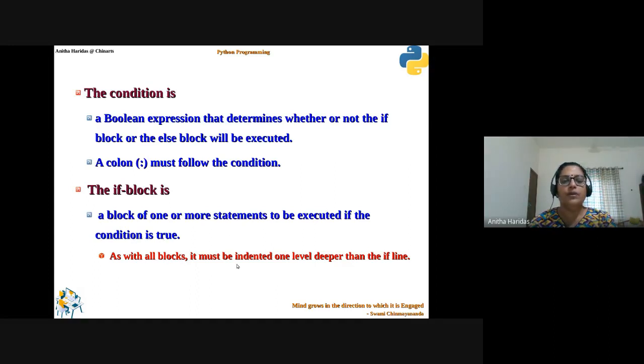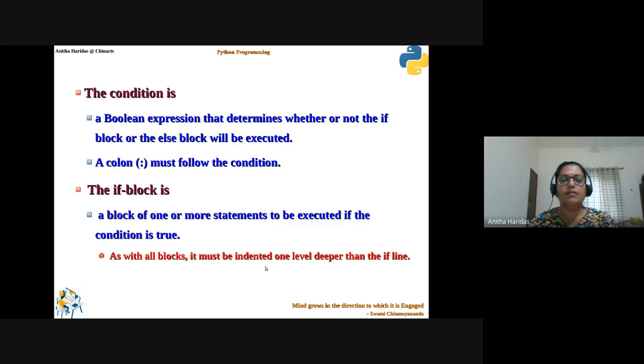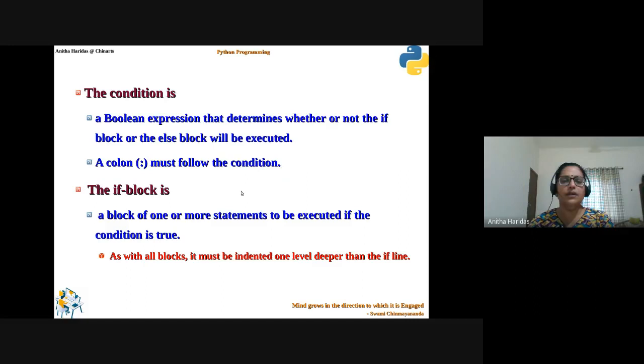As with all blocks, it must be indented one level deeper than the if line, right? So that is what I told you, you need proper indentation here. So give one level deeper than the if line. Whatever you have here in the if line, minimum one space you need for the indentation.